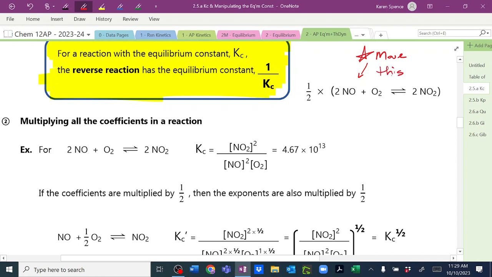So let's take a look at our reaction. We have a coefficient of 2, a coefficient of 1, and a coefficient of 2. And we know that Kc has a 2 and a 1 and a 2. Let's take our reaction.